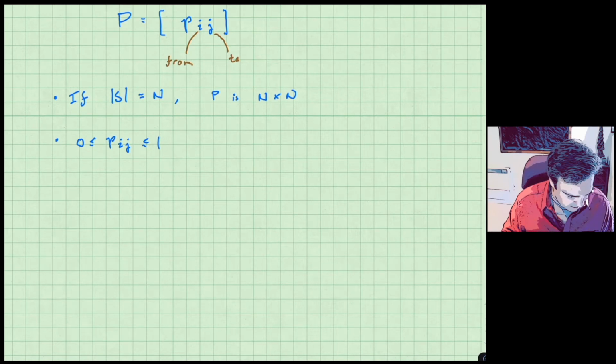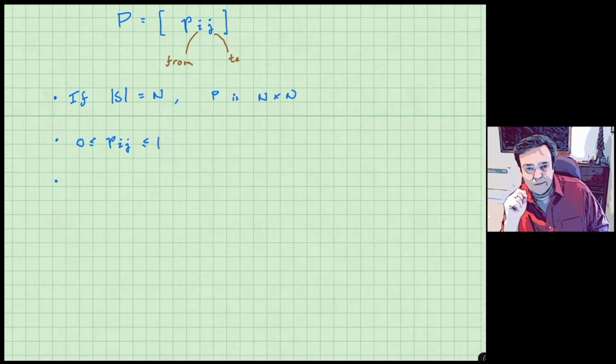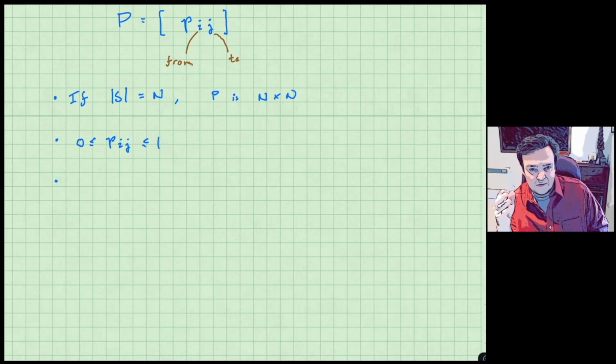Now, one of the things you might have realized is that if you sum along a row, that means you're holding the first index in that Pij fixed. That's telling you all the probabilities for leaving that state. So let's say it was state 2.